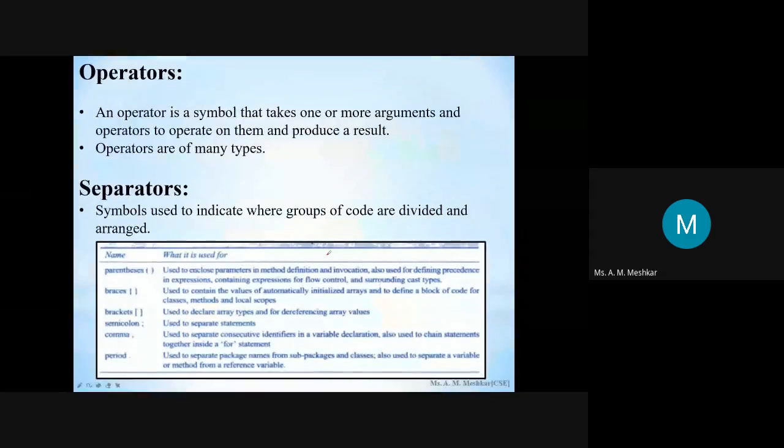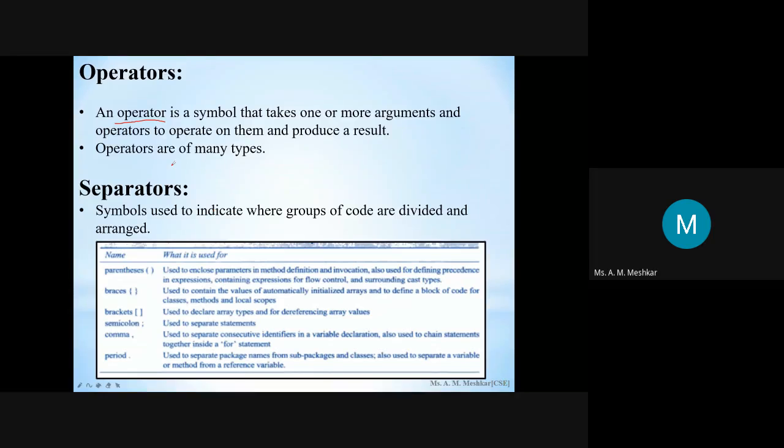We already discussed these topics in the last lecture. Operators we are going to learn in detail as the last topic of this unit. An operator is a symbol which takes one or more operands, operates on them, and produces some result.